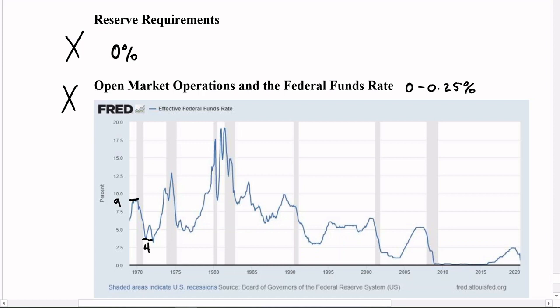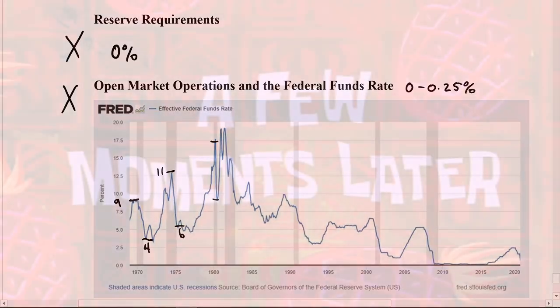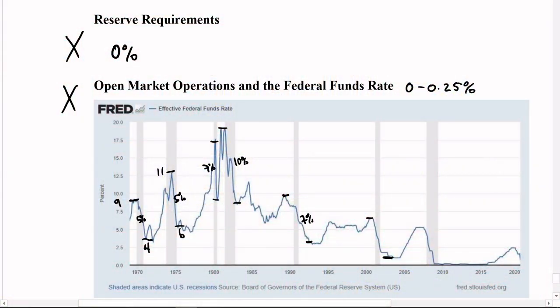Let's call it 4. So during this recession, we decreased by about 5%. During this recession, we started federal funds rate up around 11, down to about 6. So again, 5%. Here, 17 down to 10, 7%. Bottom of that, we're down to about 1, 5%.